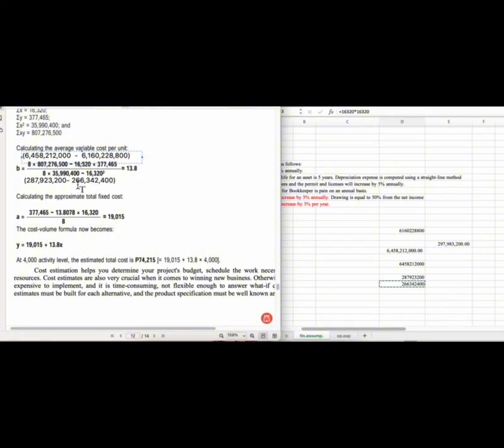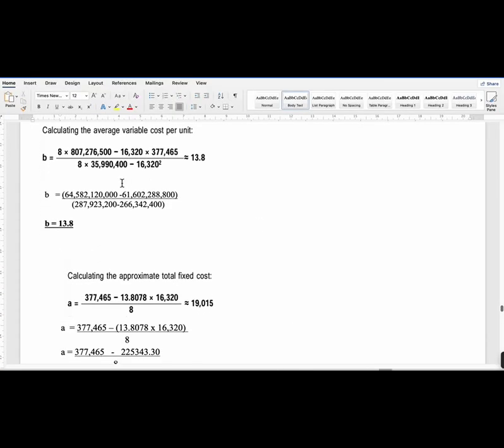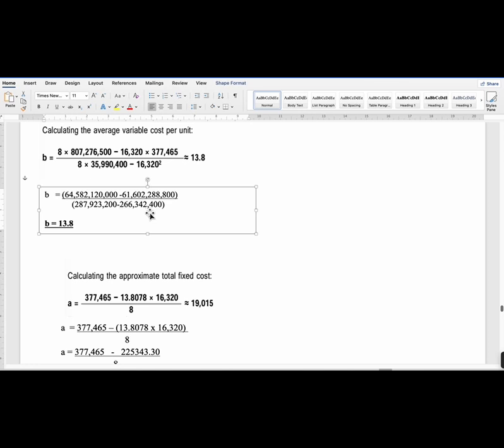Since we have the amount of the numerator, proceed to the denominator. 8 multiplied by 35,990,400, and then 16,320 multiplied by 16,320, we have the answer as well.